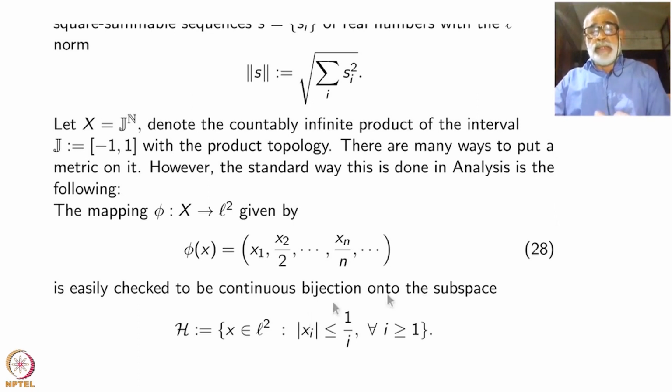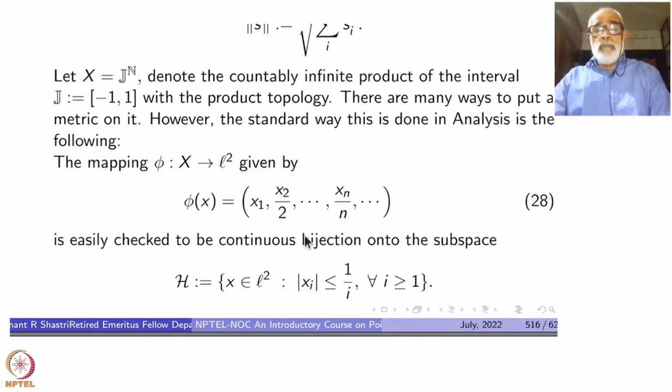What is the image? All the coordinates, modulus of xi, first of all must be less than or equal to 1. But actually the ith coordinate should be in modulus less than 1 by i, because look at the image here.